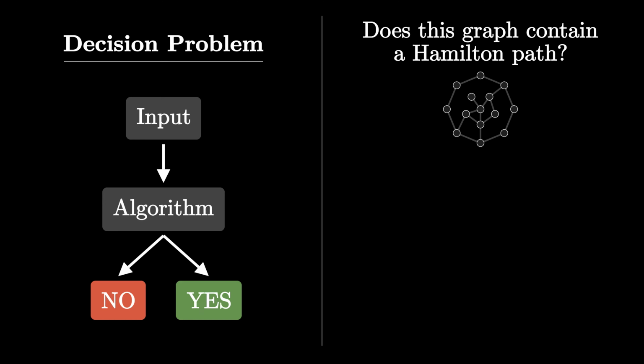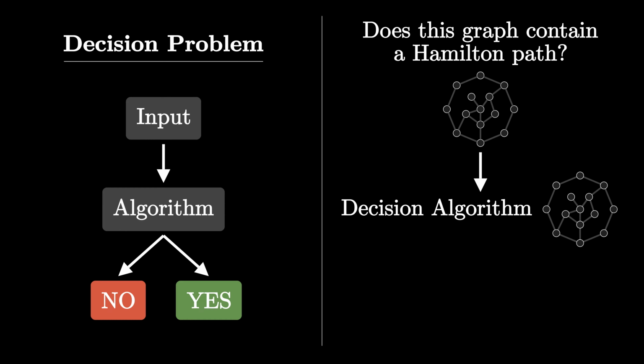The problem here is not to compute a Hamilton path for the input graph, but rather to decide if such a path even exists. Nevertheless, it should be clear that one can also answer this question by checking all possible paths in the input graph, defining a valid decision algorithm for this problem. If the algorithm finds then a Hamilton path, then it returns yes. Otherwise, it returns no.